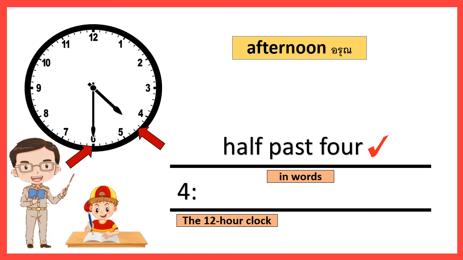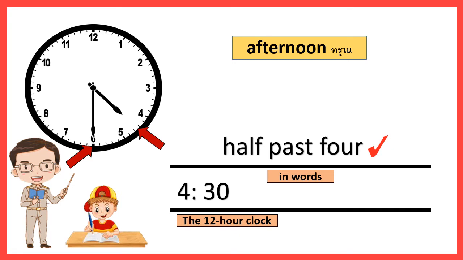The long hand is pointing to number 6. Therefore, we will write 30. Do you understand? Good. So the time is 4:30. Now this time, we are going to write AM or PM.